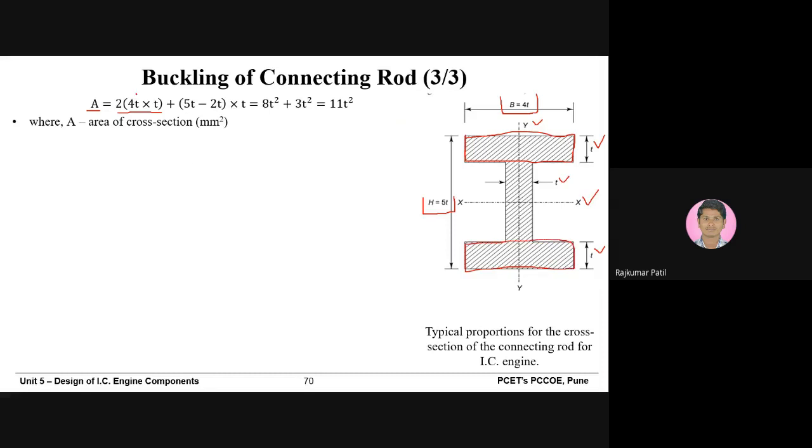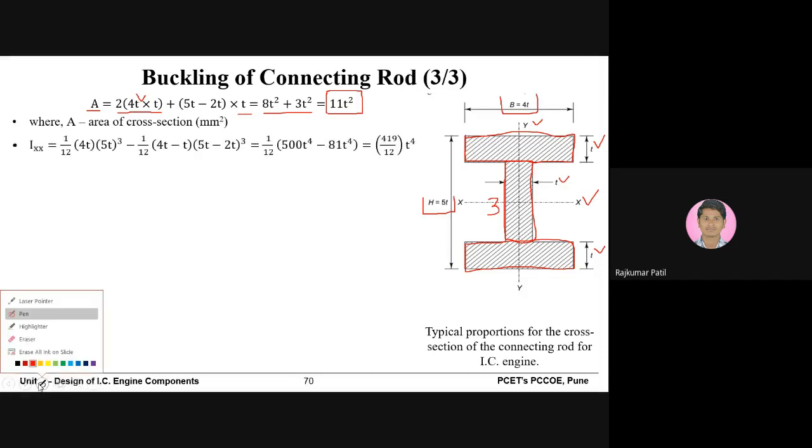Furthermore, the cross section area for the middle portion is 5t minus 2t, so it will become 3t into t. So simplify that equation and you will get the cross section area of the beam as 11t square.